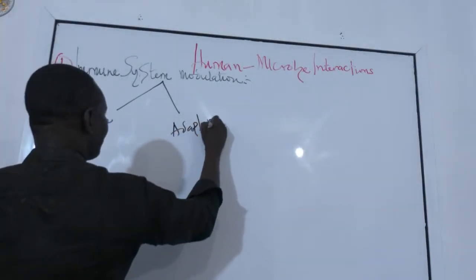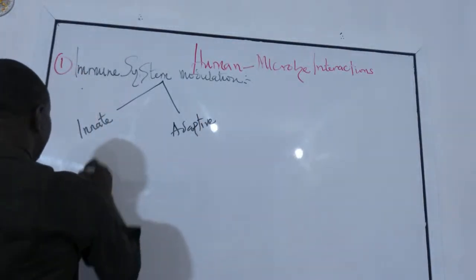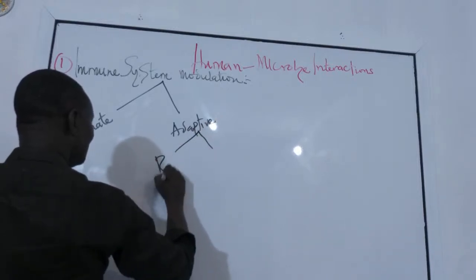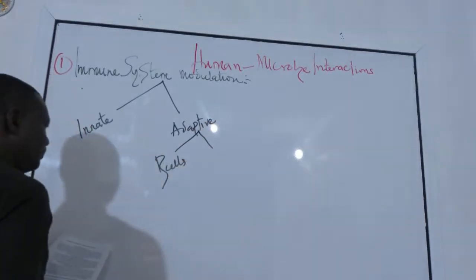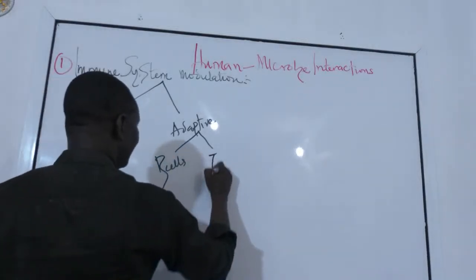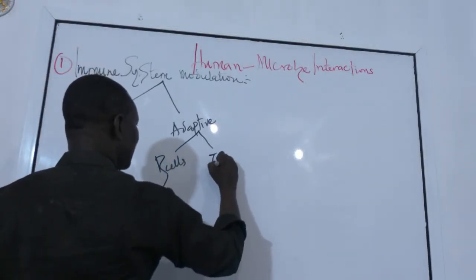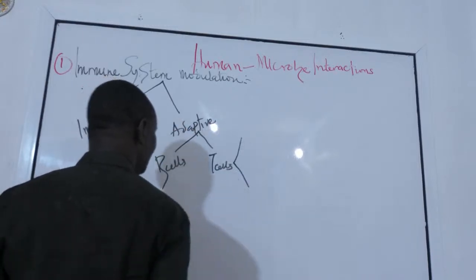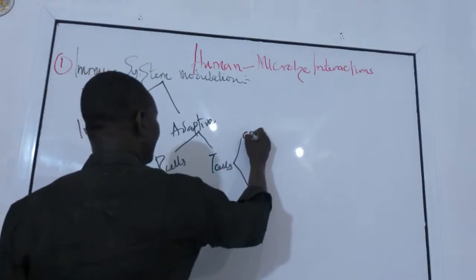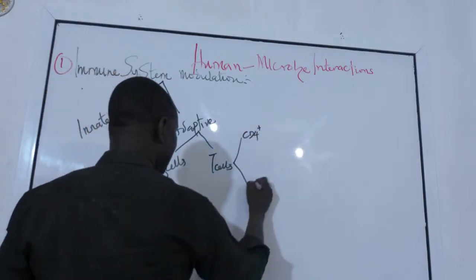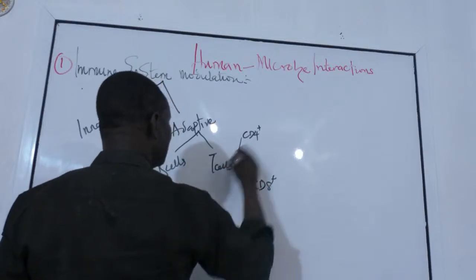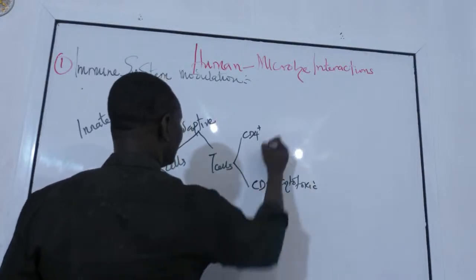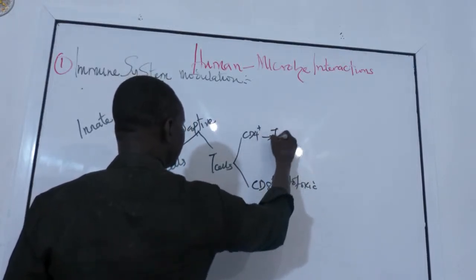Looking at innate and adaptive, we have B cells, which has to do with plasma. Then we also have T cells, that is T lymphocytes, and this can be further divided into CD4 and CD8. This one is called cytotoxic, and this one is called T helper.